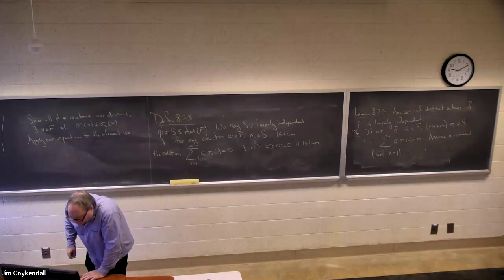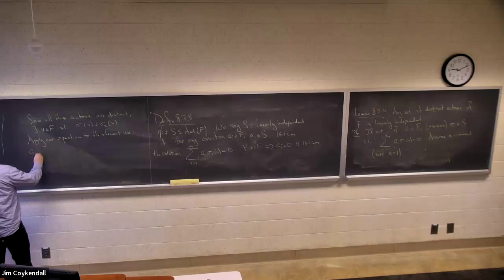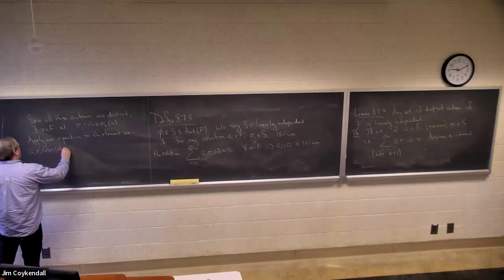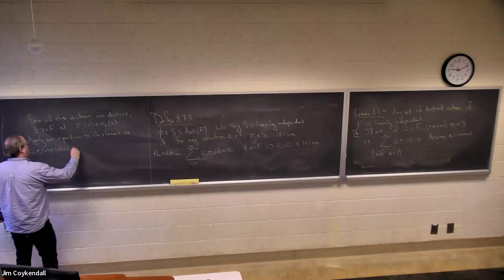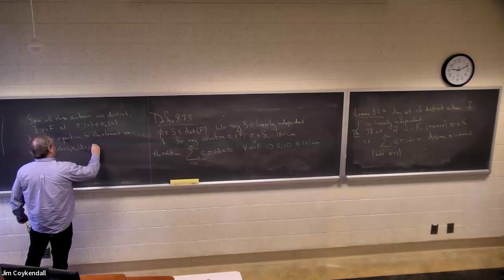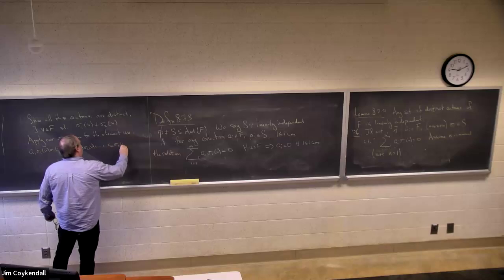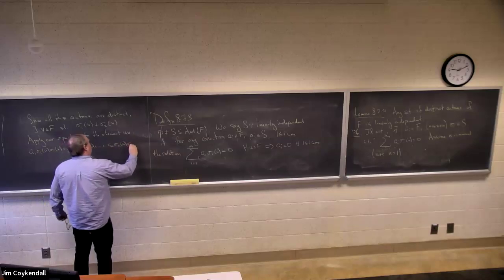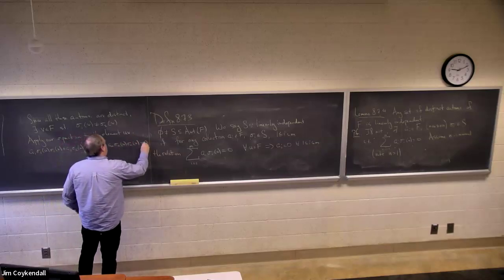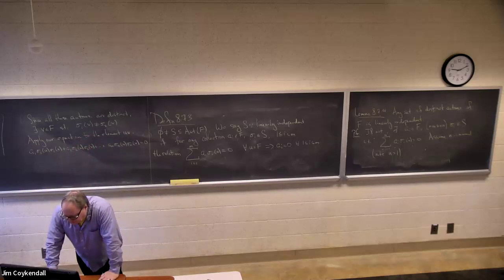And what do we get? I'm going to liberally use the fact that this is an automorphism. a_1 sigma_1(u) sigma_1(v) plus a_2 sigma_2(u) sigma_2(v) plus ... plus a_n sigma_n(u) sigma_n(v) is 0.